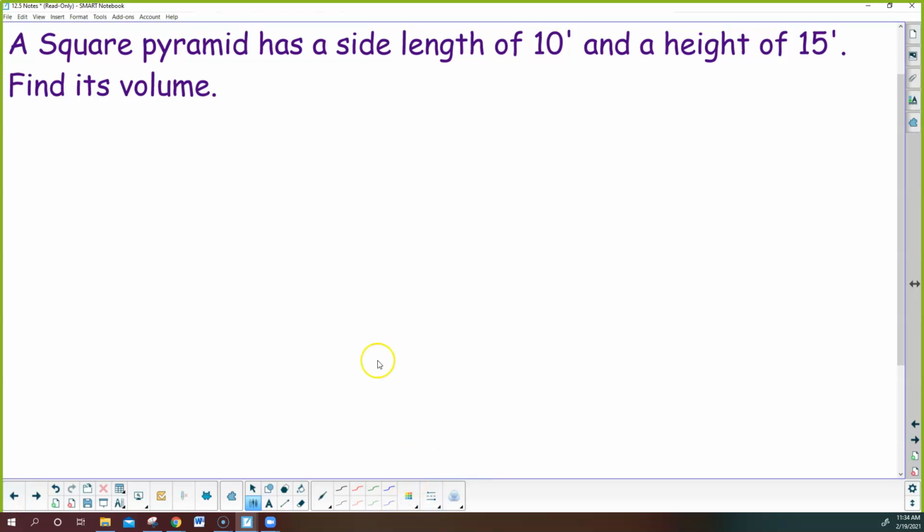And I think one of the first things is for us to just draw an accurate picture. And that's part of the reason why I didn't provide it. We want you to think, when they say square pyramid, we're talking about a base that's a square, and it does not have to be drawn accurately. Clearly that is not.